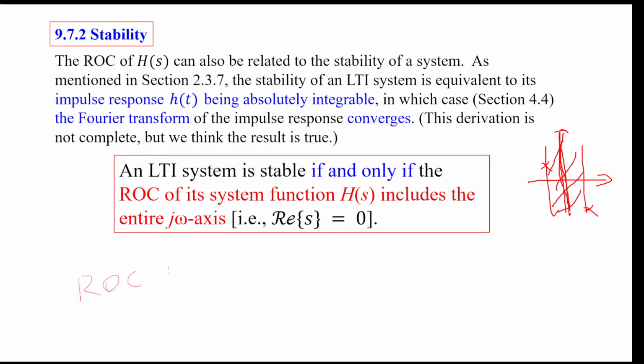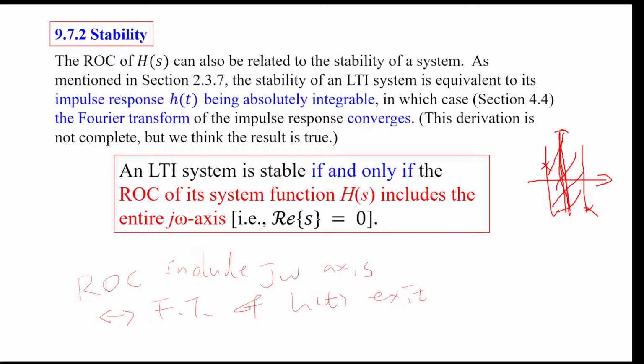If the ROC includes the j omega axis, then the Fourier transform of h of t exists.